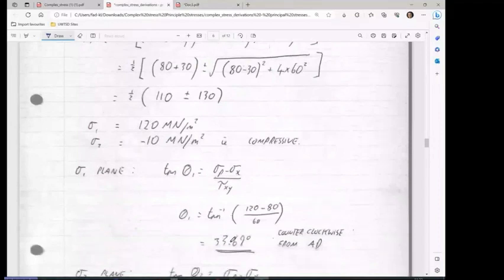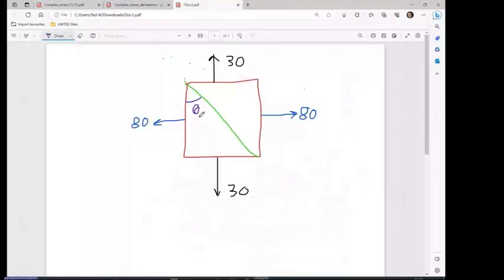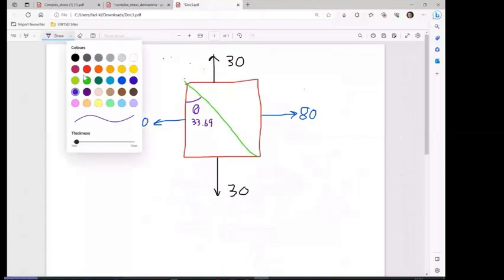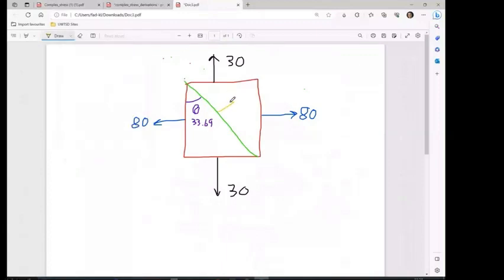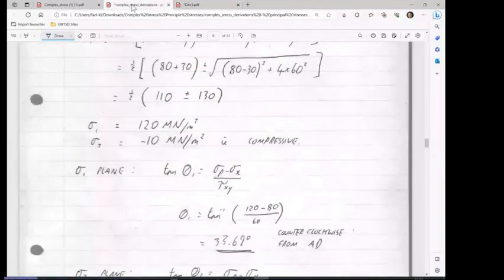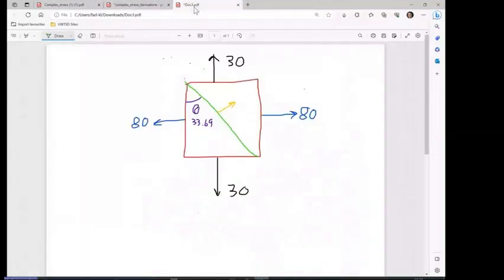So when that's 33.69 degrees, the principal stress was 120 megapascals.